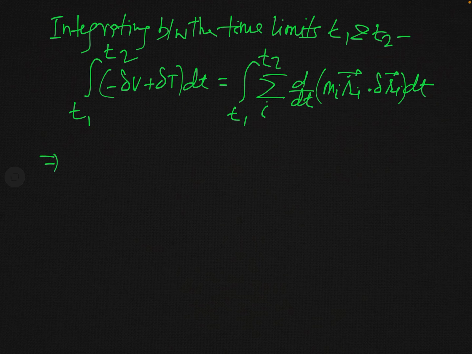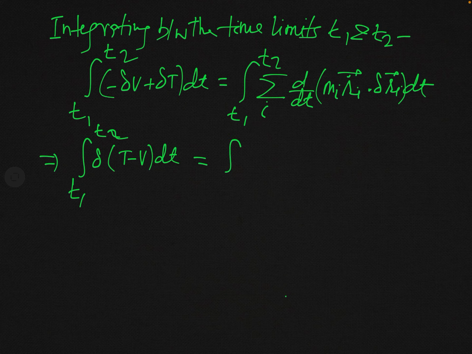Now let us simplify it. You can write the LHS in this manner. This is integral t1 to t2 delta of t minus v dt, and this is equal to what will be this integral?